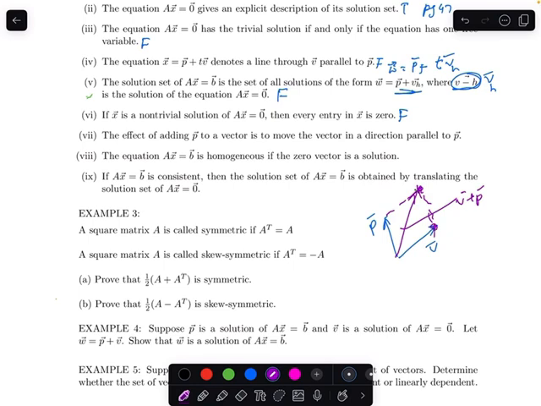The statement is saying the effect of adding p to a vector is to move the vector in a direction parallel to p. Can you see that v has been moved parallel to p? This is where we were, and now we are here. So we moved parallel to p, and it came here. So yes, this is true.